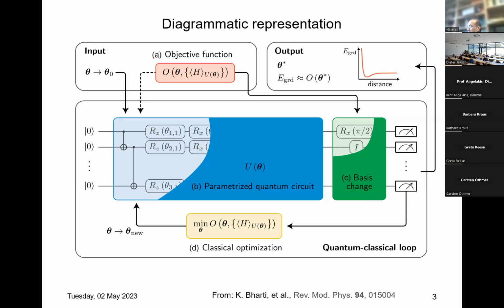These measurements provide you with the probabilities of each qubit being in the state 0 or 1. Now you take these output probabilities and feed them into a cost function, or an objective function, which is a function of these classical parameters that parameterize your quantum circuit and of the measurements you have made.